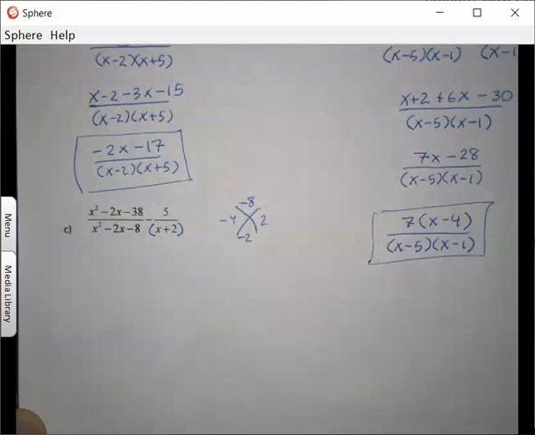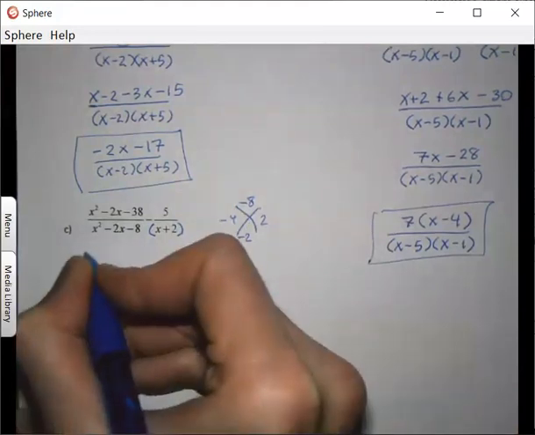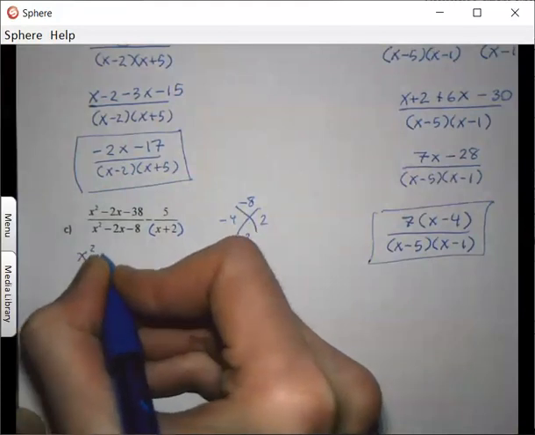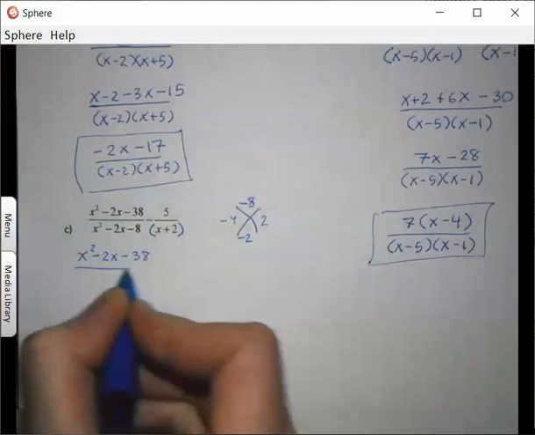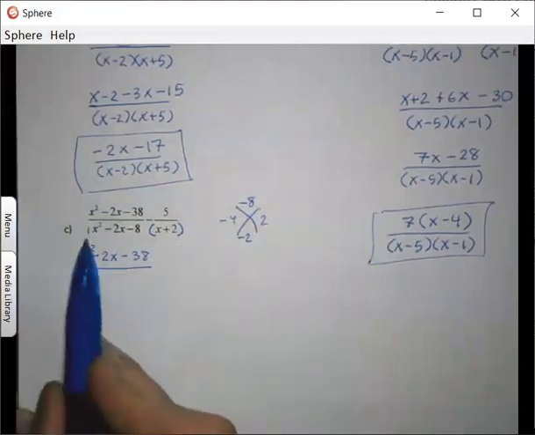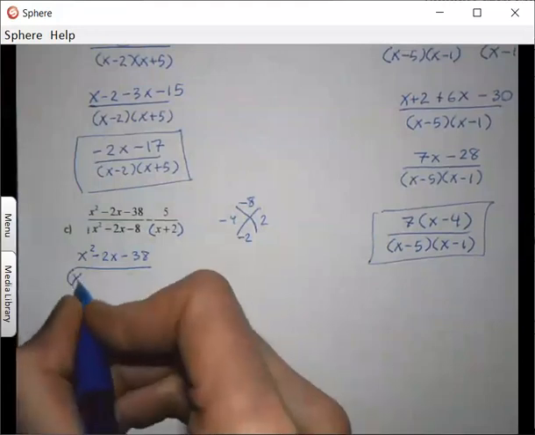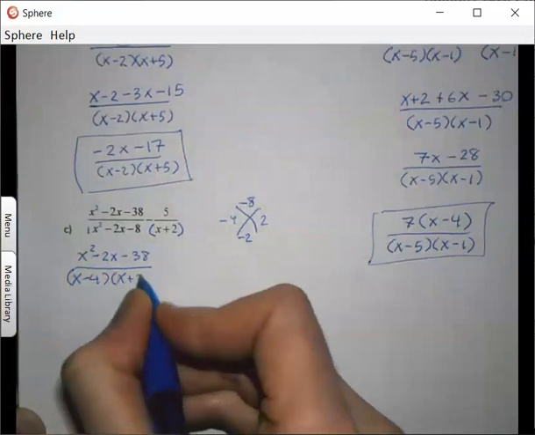Negative 4 plus 2 is negative 2. So I'm going to write out my denominator in its factored form. So again, our leading coefficient's 1, so I can write it as x minus 4 times x plus 2.